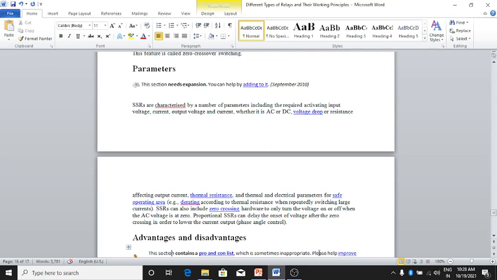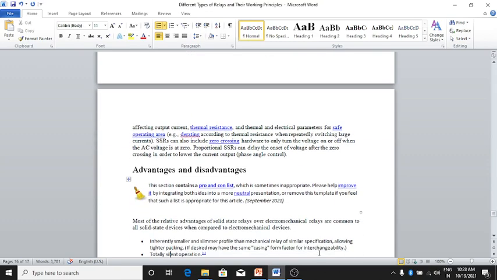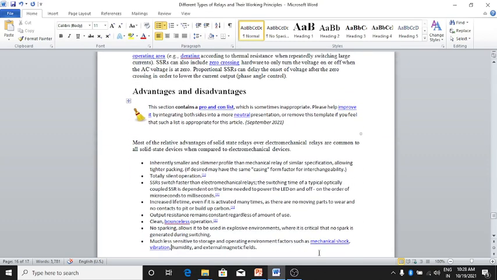An example is derating according to thermal resistance when repeatedly switching large current. SSRs can also include zero crossing hardware to only turn the voltage on or off when the AC voltage is at zero. Proportional SSRs can delay the onset of voltage after the zero crossing in order to lower the current output, which is phase angle control. Clear?